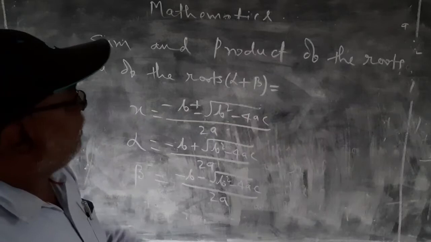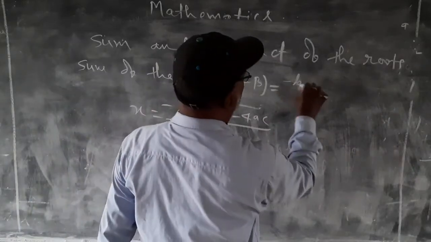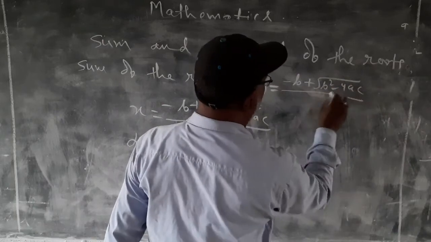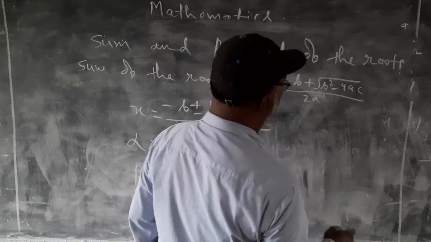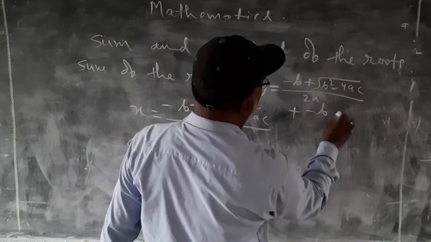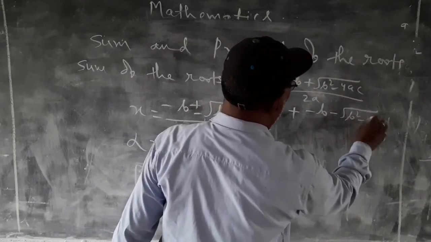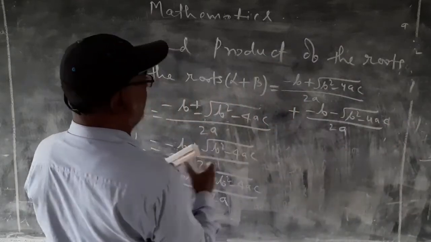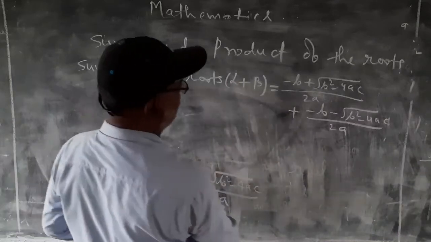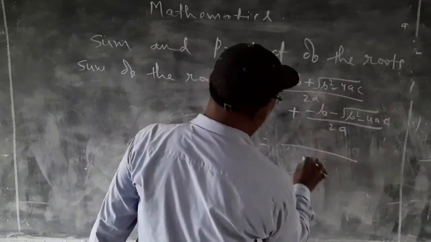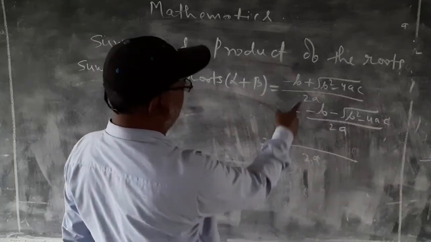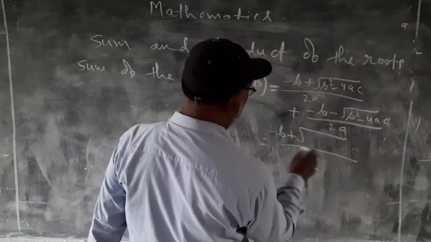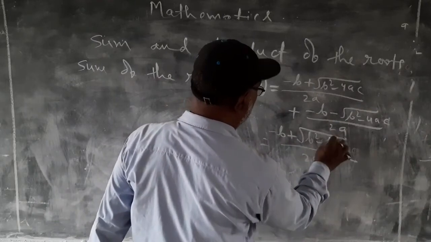One is minus b plus root of b square minus 4ac by 2a, and the other is minus b minus root of b square minus 4ac by 2a. Now take the LCM. 2a and 2a, LCM is 2a. Now 2a divided by 2a is 1. So multiply 1 to this, and minus b plus root of b square minus 4ac.